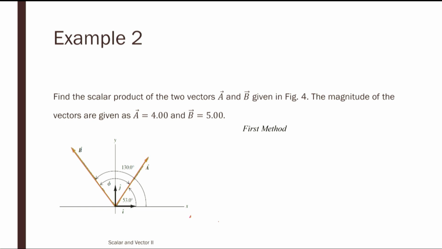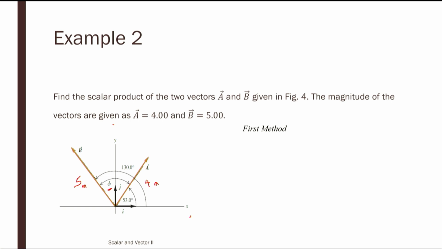So we have another example here. Let's look at the example. We are asked to find the scalar product of two vectors A and B given in this figure. Vector B is, let's say, 5 meters in magnitude and A is 4 meters in magnitude, and the angle between them is phi.